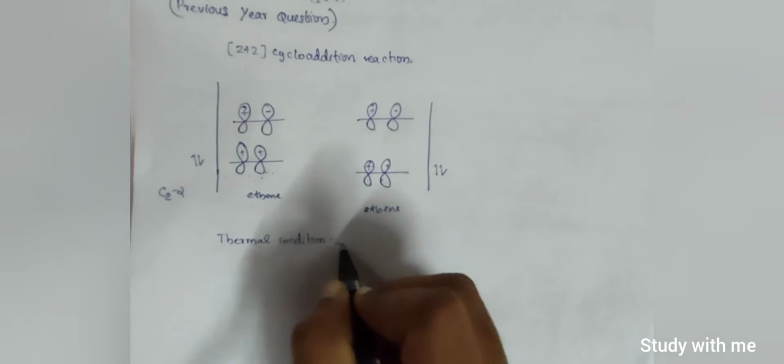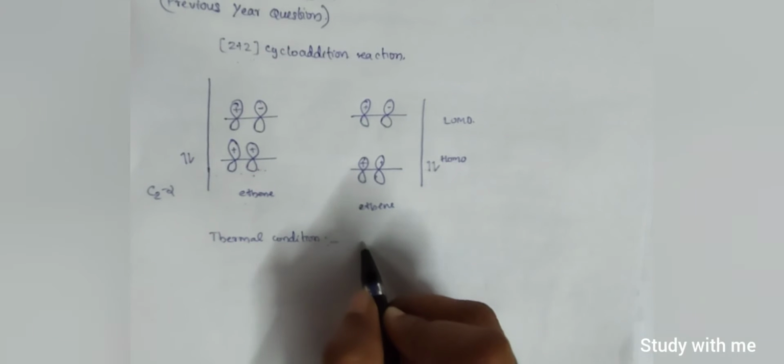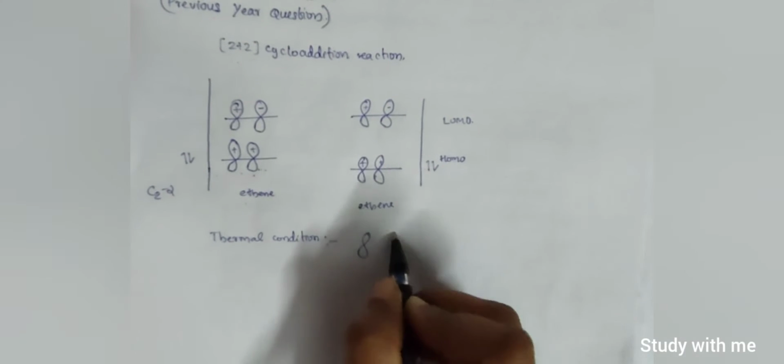Now we will go to the thermal condition. In the thermal condition we will have a bond from the ground state HOMO. Here this is the HOMO, this is the LUMO, we know that. So the ground state HOMO will be like this.